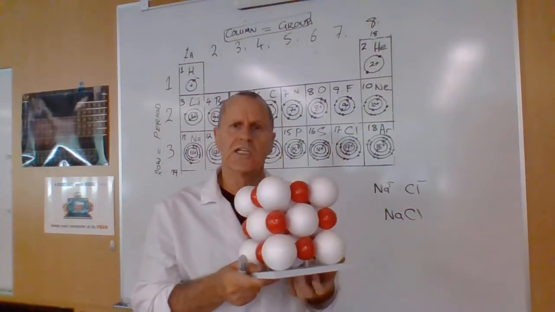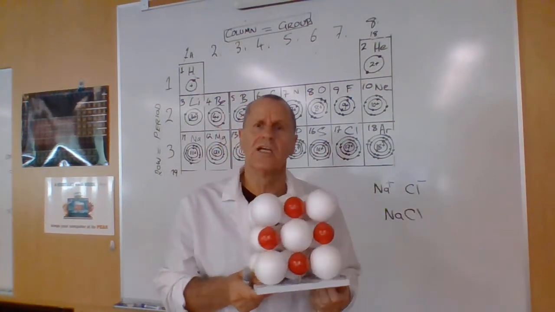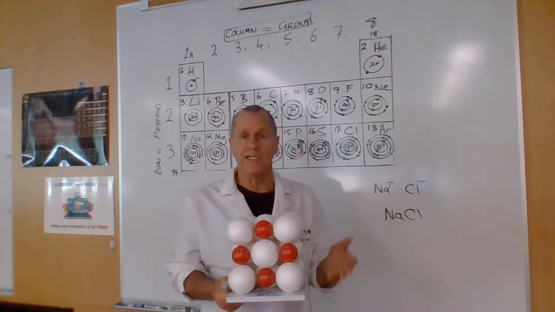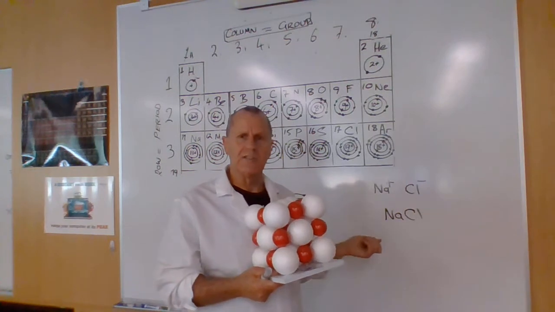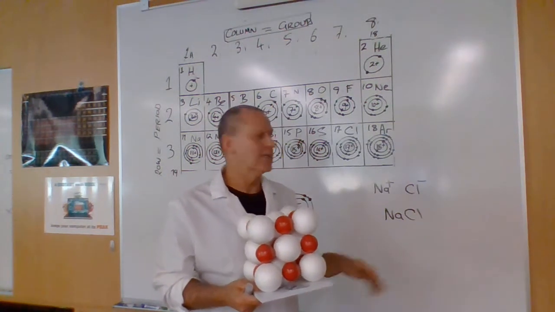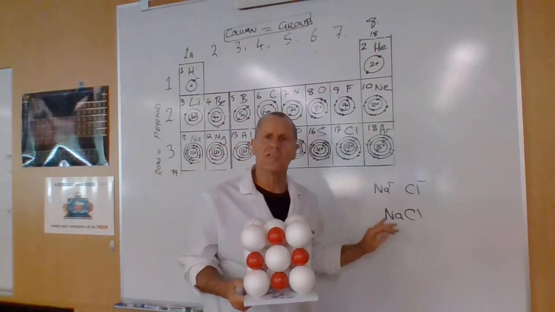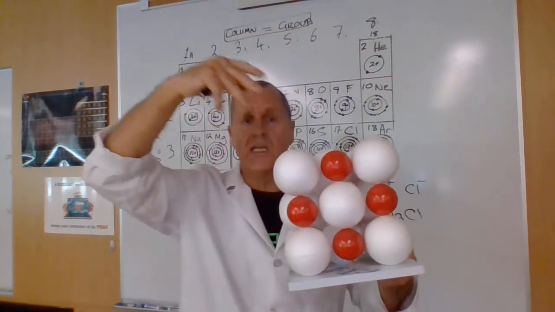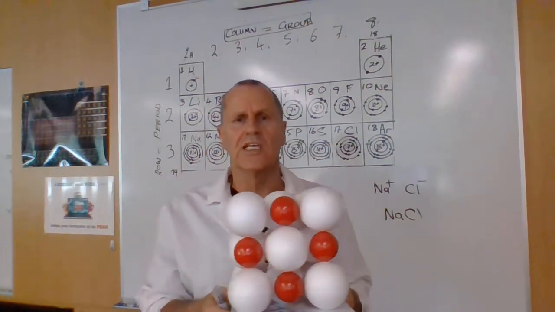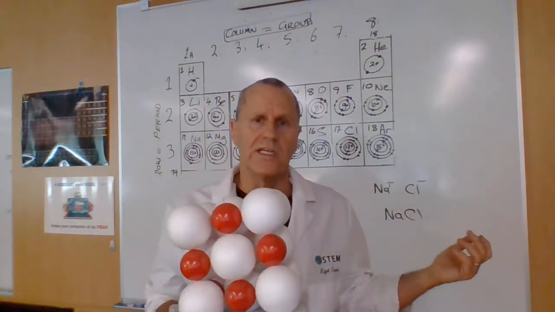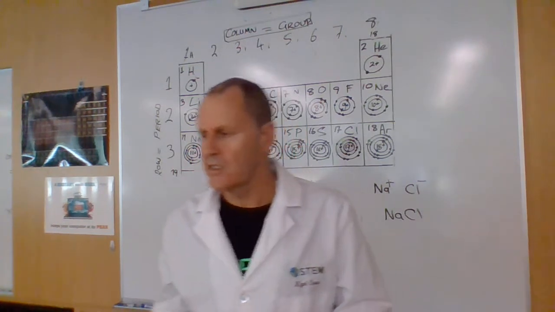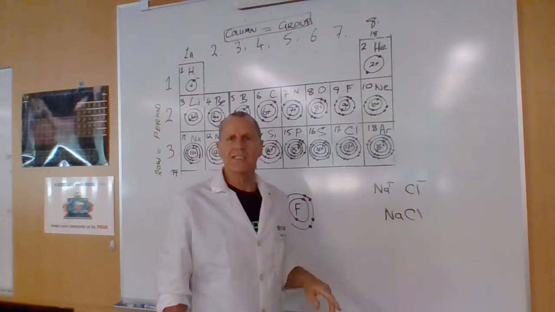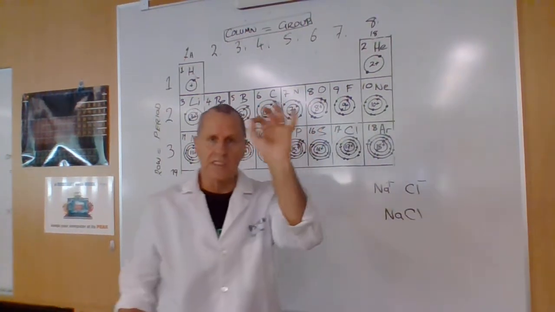So in ionic compounds, which are substances made of more than one kind of atom, a compound, and made of ions because they've got charges, this ionic compound isn't just one sodium and one chloride, it's lots of sodiums and lots of chloride ions, but they're in a ratio of 1:1 because that balances the charges. So these have a balanced charge. 1+ and 1- gives a net charge for the whole lot of 0.